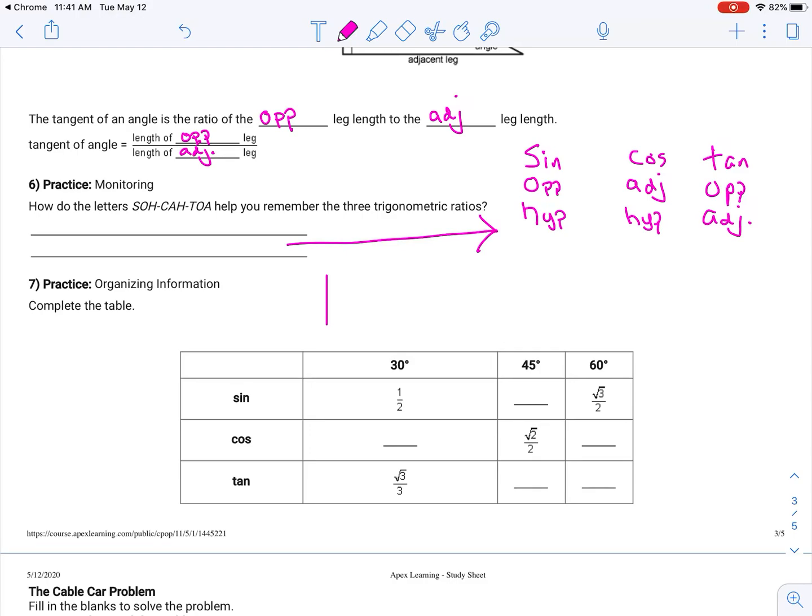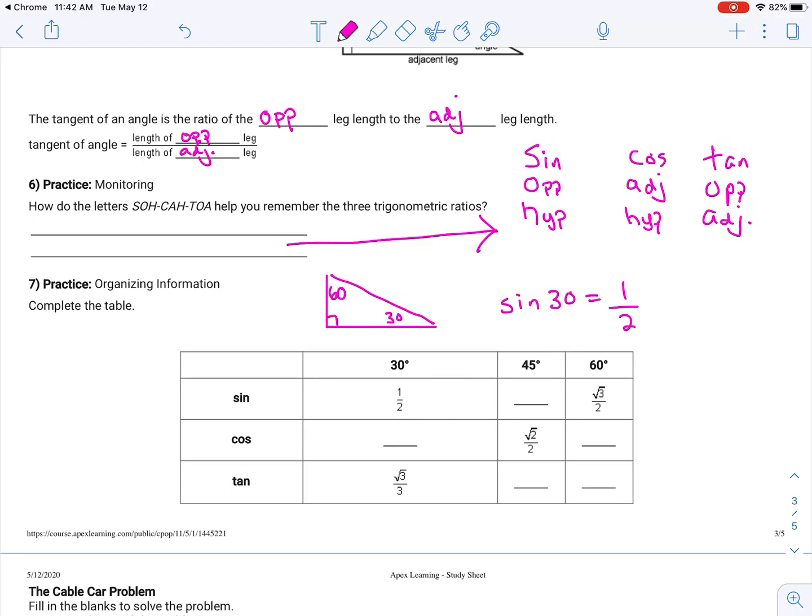So what this is saying is that you have a triangle. Remember the special triangles we learned last time, where we had a 90, a 30, and a 60. And this is saying that the sine of 30 is 1/2. So if you enter into your calculator sine 30, it's going to give you 1/2.